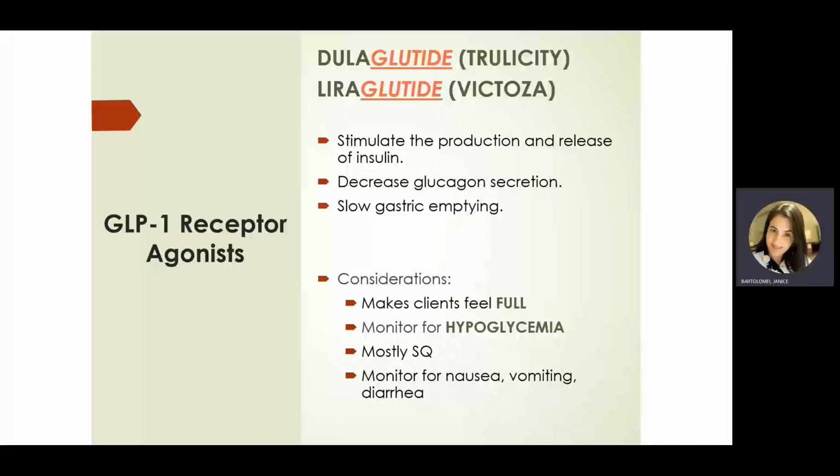Then you have your GLP-1 receptor agonists. These stimulate the production and the release of insulin. They decrease glucagon secretion from your pancreas, which converts into glucose, and also slow gastric emptying. Now that's going to come in handy because when you are slowing your GI tract and it holds on to food longer, that means the clients feel fuller and you feel like you're not hungry all the time.